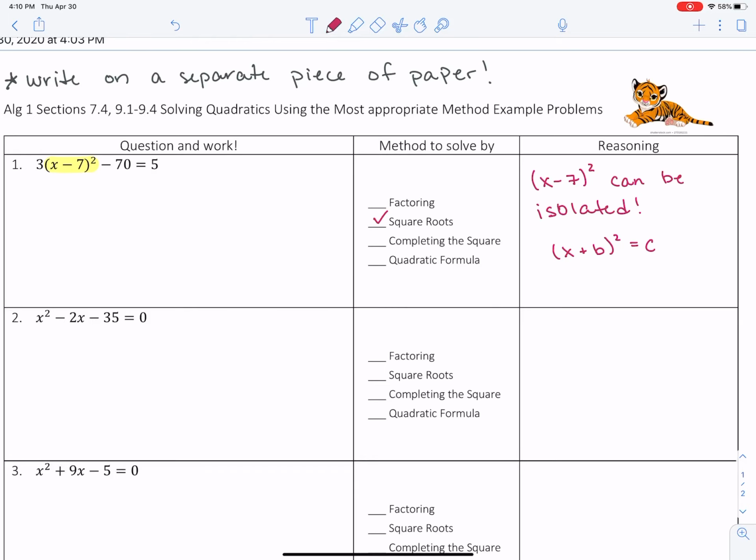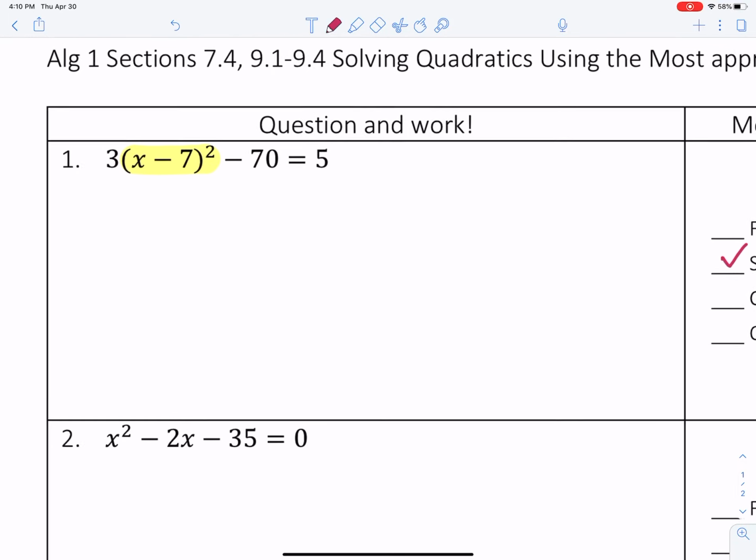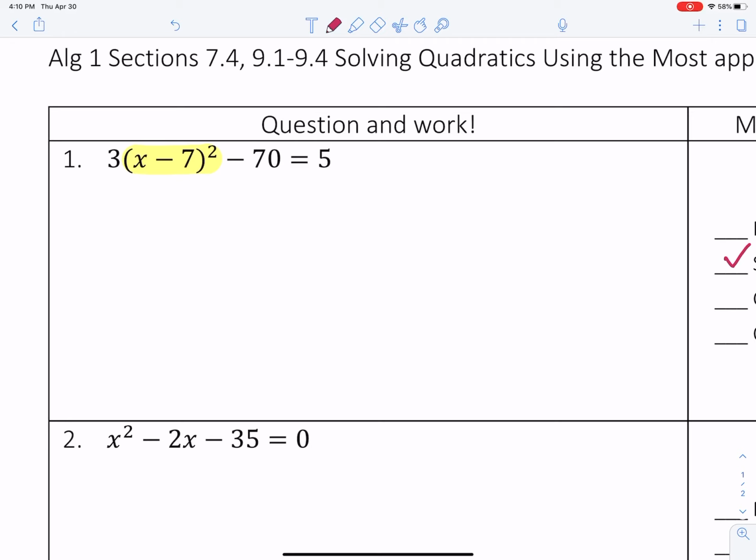So let's go ahead and use our square roots and solve this. I'm going to zoom in so you can see the problem. I need to isolate it, meaning that I have to add 70 to both sides, leaving me with 3 times x minus 7 squared is equal to 75. Divide both sides by 3.